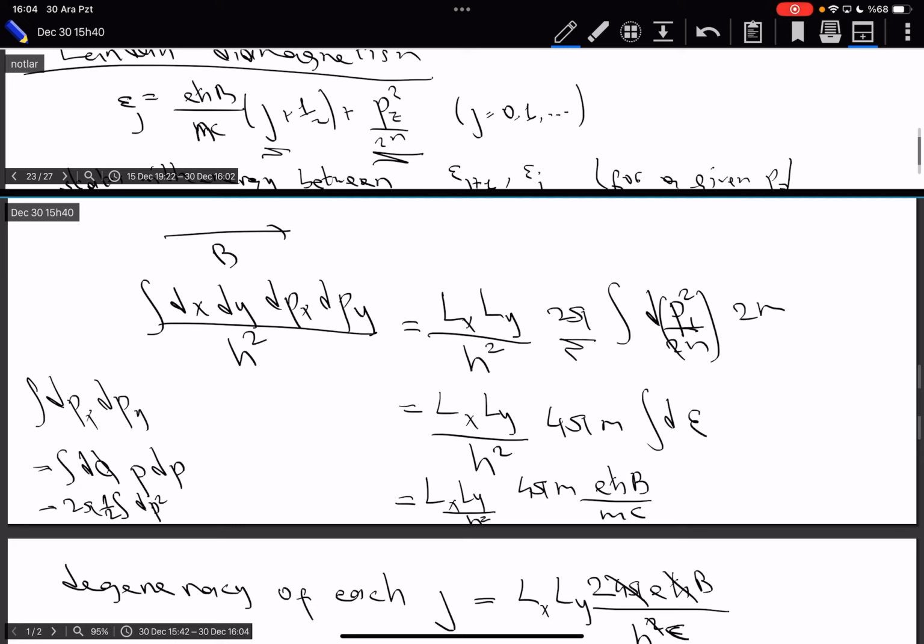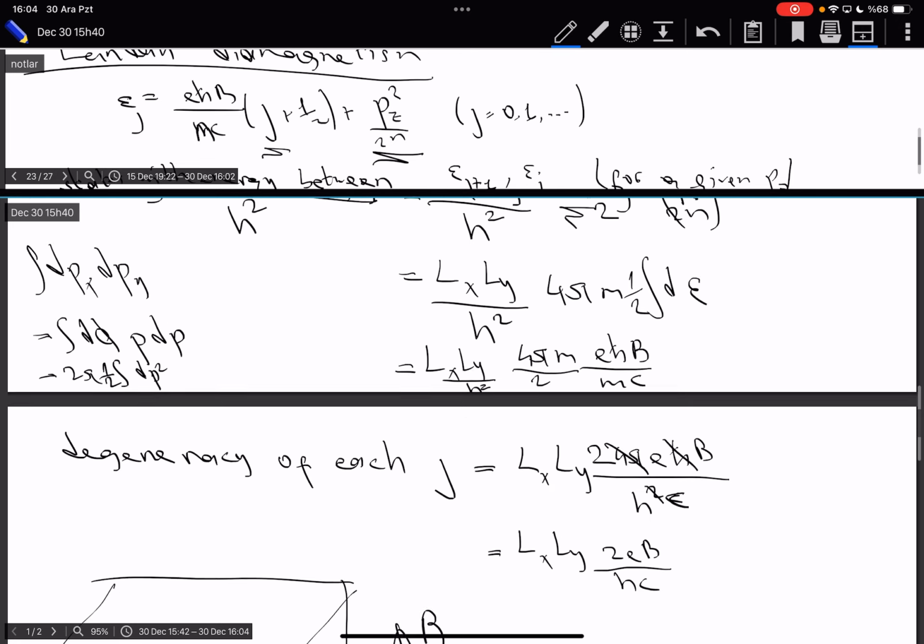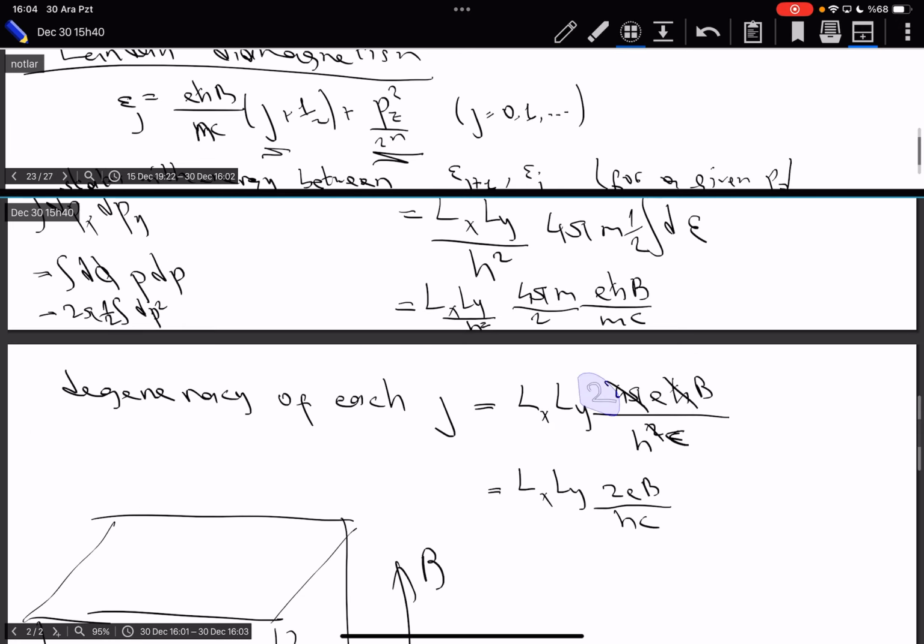When I write it as dp squared, there's a 1 over 2 over there. So this is the degeneracy of each j.